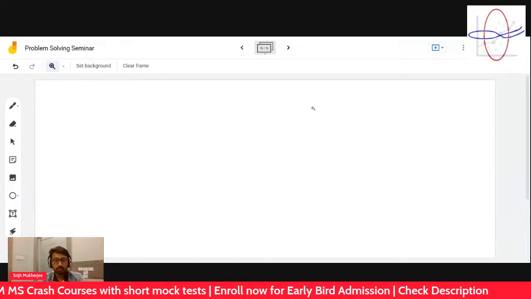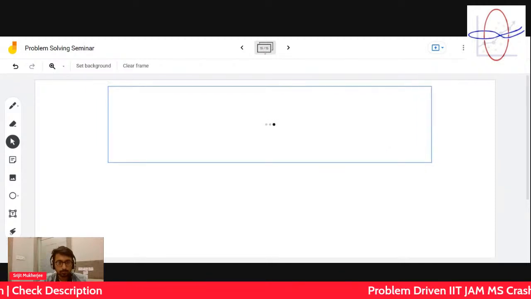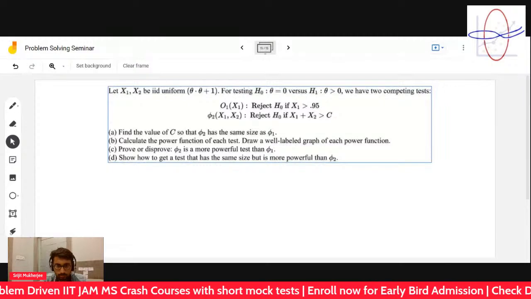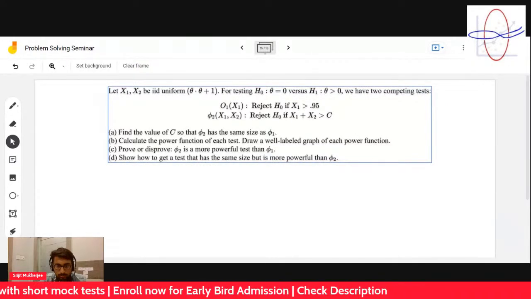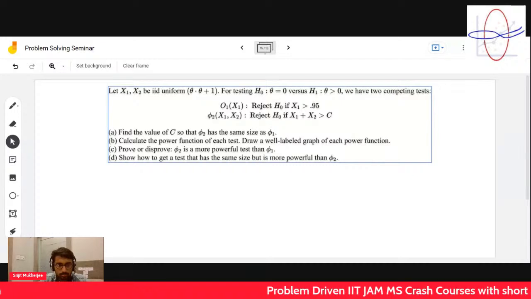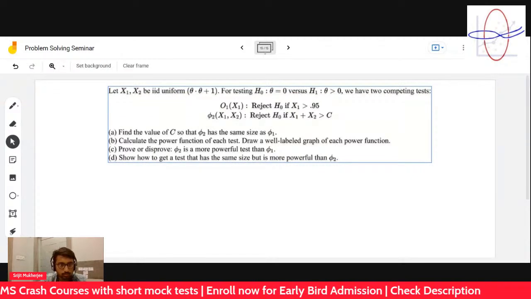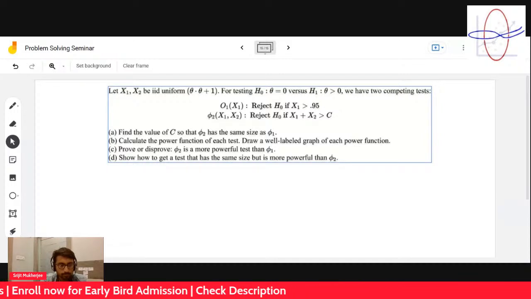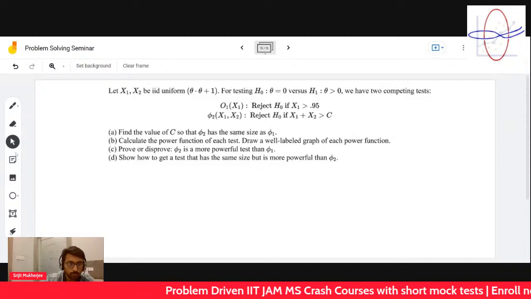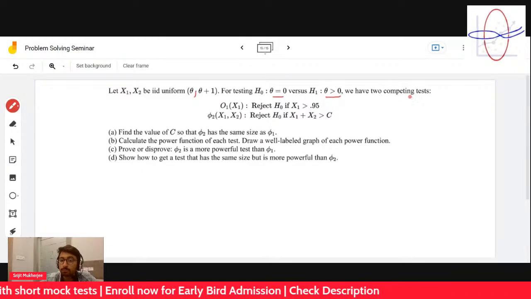So it's about comparing two tests. x1, x2 follows theta comma theta plus 1, and for testing theta equal to 0 versus theta greater than 0, we have two competing tests.